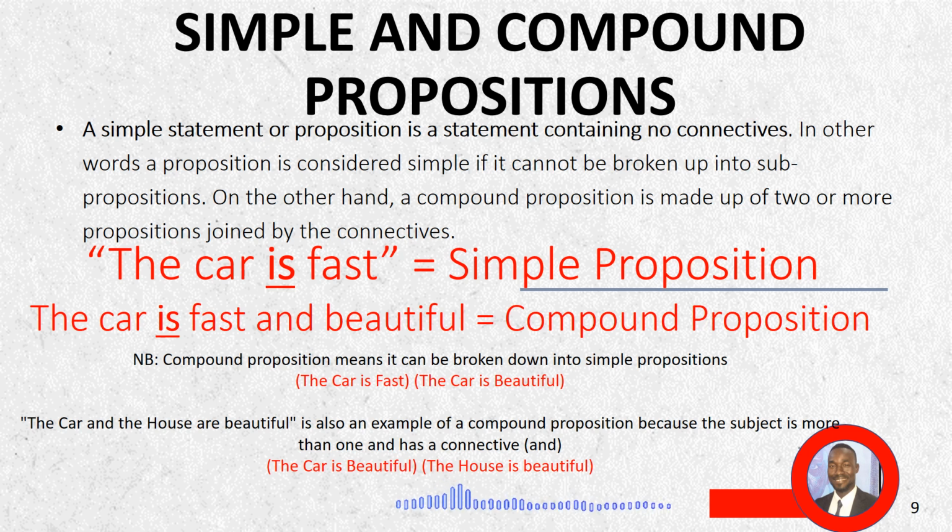On the other hand, a compound proposition is made up of two or more propositions joined by connectives, that is, it either has more than one subject or more than one predicate or both. For instance, the car is fast is an example of a simple proposition because it has just a subject and a predicate. While the example, the car is fast and beautiful, is an example of a compound proposition because the predicate is more than just one predicate and has a connective, and the connective is and.